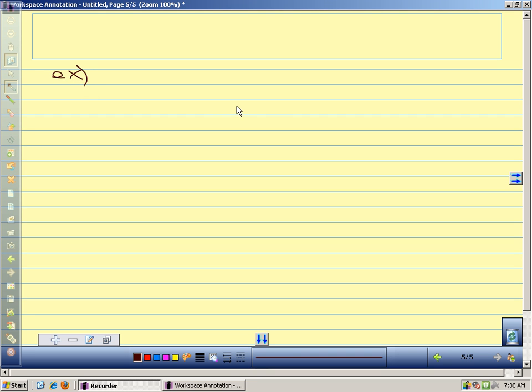So we have x squared plus y squared plus z squared equals 11. So we have a sphere, and we want a unit normal vector at the point 3, 1, 1.